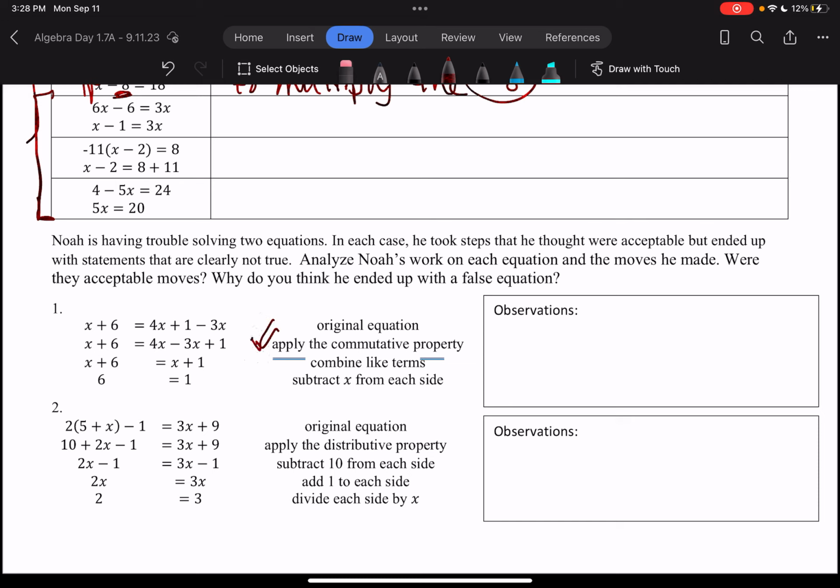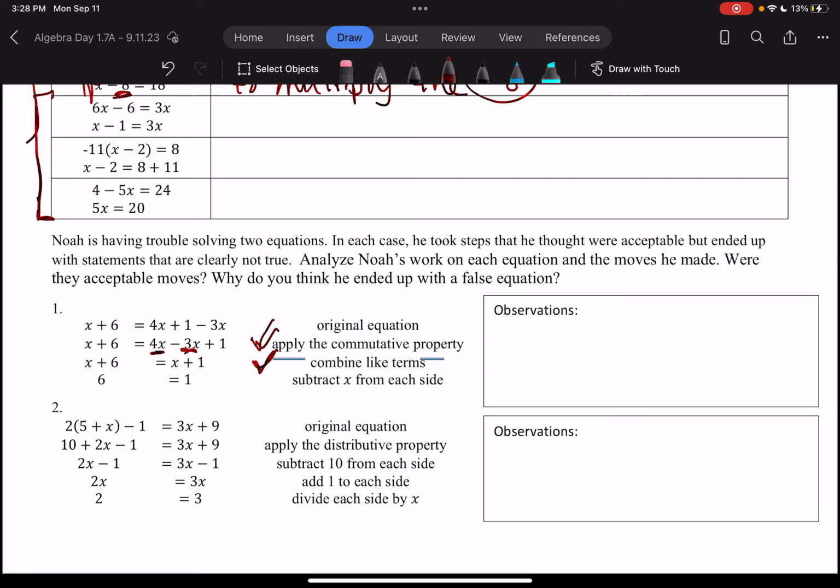That's a legal move. For the second part then, he went ahead and combined 4x and minus 3x and came up with, very simply, x plus 1 on this side and x plus 6 on the other side. So he did combine like terms. So again, we're still good. And then he said, well, I'm going to subtract x from both sides so I can get x on one side.